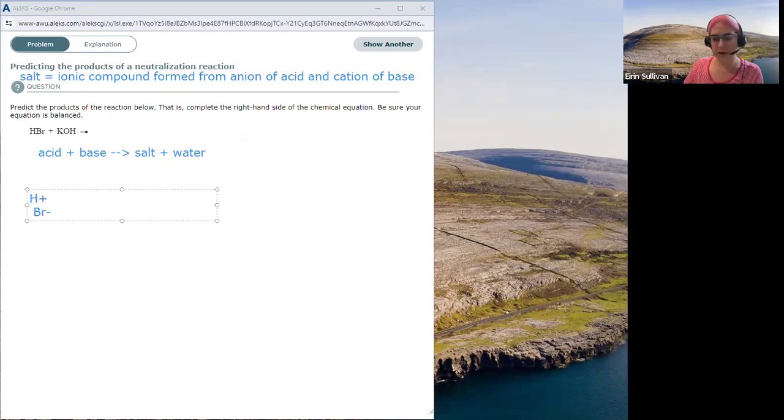And then potassium hydroxide will give you potassium, K plus, and the hydroxide ion is OH minus. So our salt then must be the cation of the base, which is potassium, and the anion of the acid, which is the bromide, and that's just going to be 1-to-1, so it's going to be KBr, and the only other product is going to be water, and as you can see, that is already completely balanced.